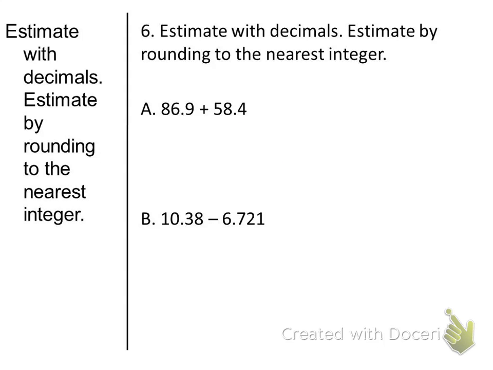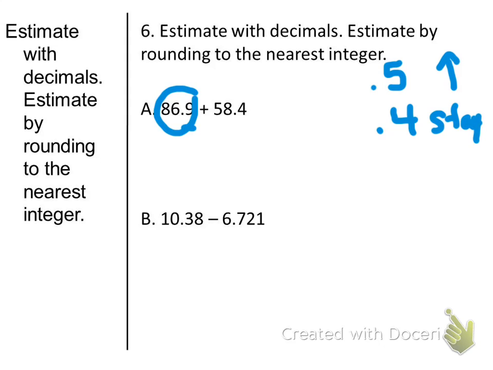Okay, the next subtopic is estimating with decimals. We're going to estimate by rounding to the nearest integer. For letter A, I'm going to round 86.9 to the nearest integer. The 9 tells me to round up. If I have a 0.5 or higher, I round up. If I have a 0.4 or lower, it stays the same.